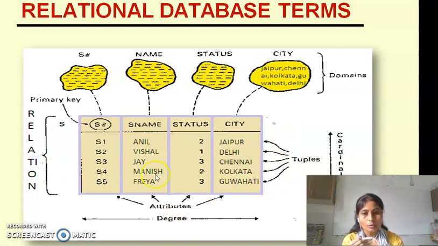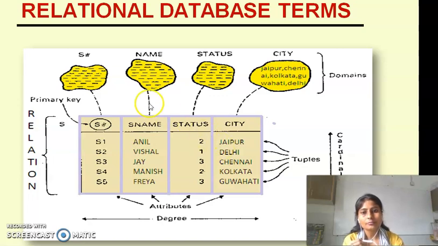Now as a whole we can say the table is known as a relation, because in DBMS terminology a table is known as a relation. And the very first column, that is the sequence or index number column, is the primary key of that table. What's the role of the primary key? It is used to uniquely identify a record in a table, and we will discuss the primary key in detail in our next slides.